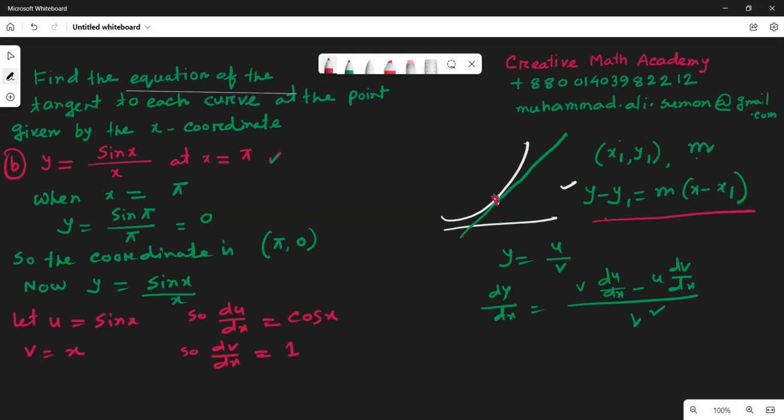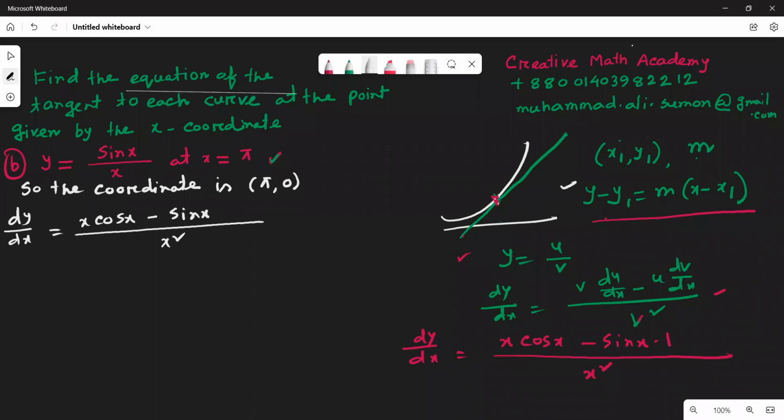So we get du/dx and dv/dx. Now, using the quotient rule, we have to put in the values. So dy/dx equals, v squared, that means v is x, so x squared, in the denominator, x times du/dx which is cos x, minus u which is sin x, times dv/dx which is 1. Okay. Now, if we want to find the gradient of this curve at the point x equals pi, put x equals pi.